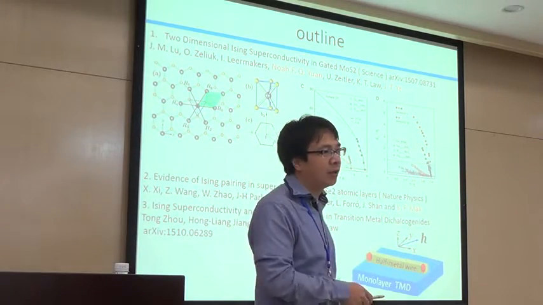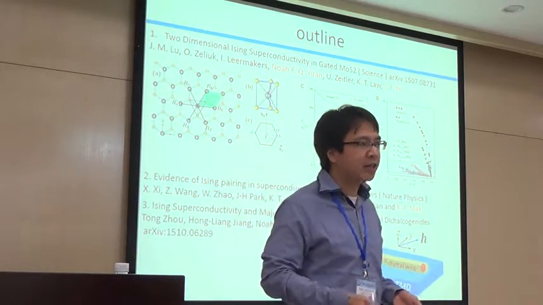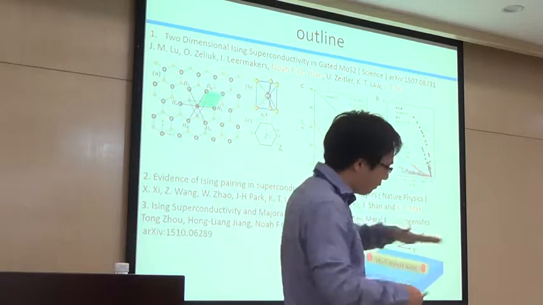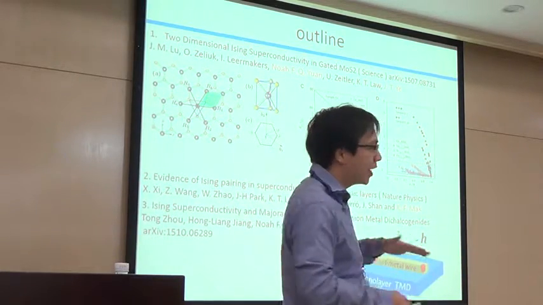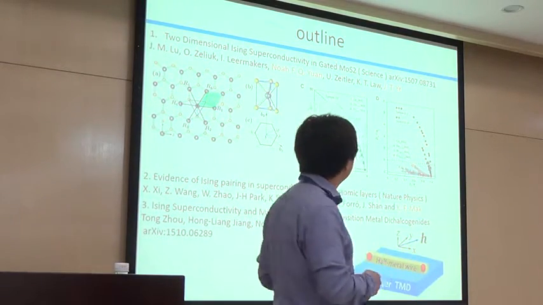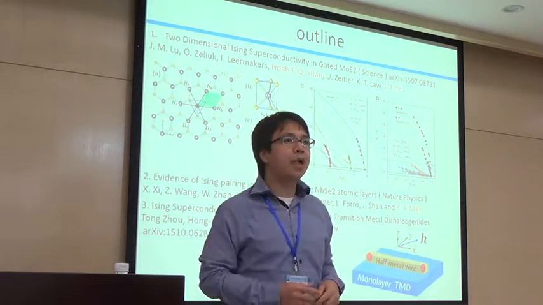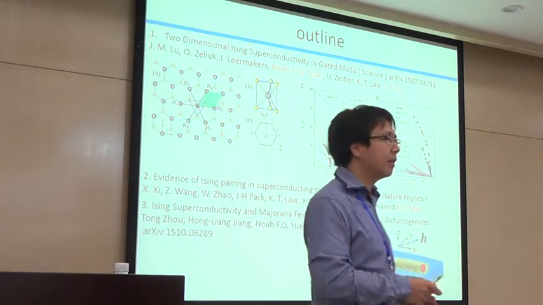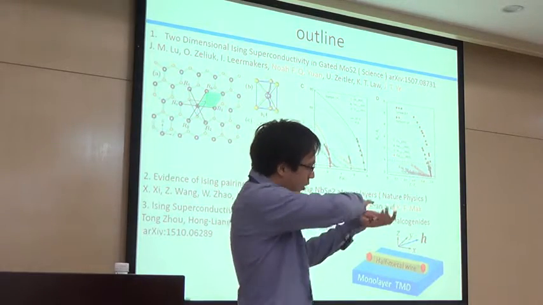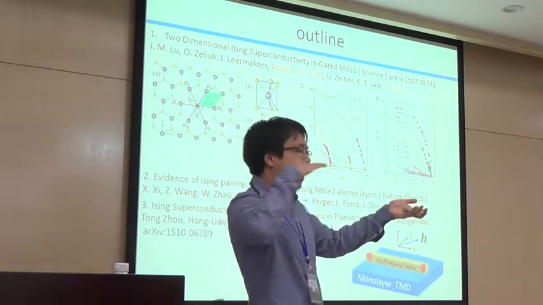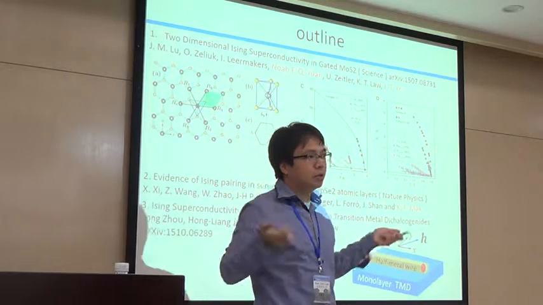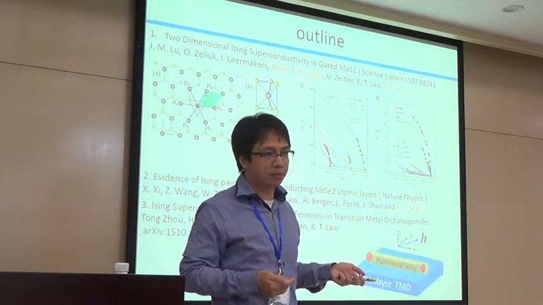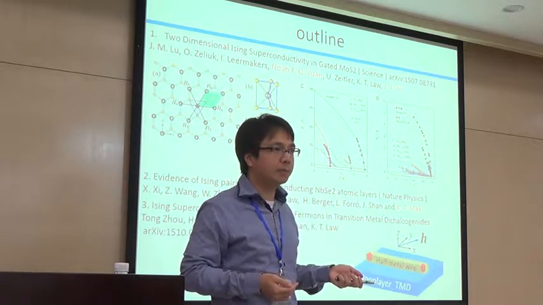Okay, but when you make this material superconducting, actually you need to gate it. So you have to tune the chemical potential. When you gate it to the superconducting regime, people realized that it's not just superconducting. It's a two-dimensional material, and you know that superconductivity can be easily killed by an external magnetic field.